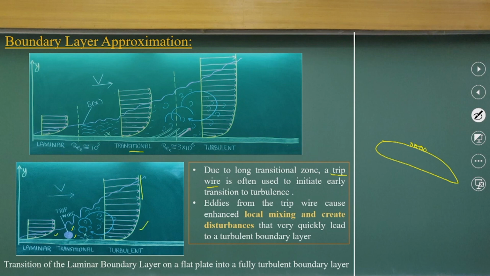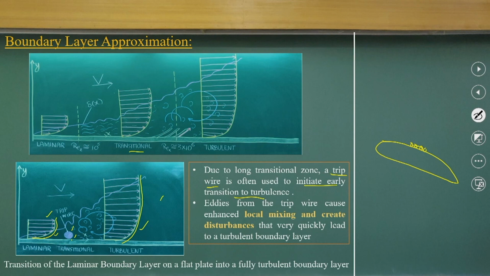More emphasis I am giving to this: please draw the velocity distributions. What will be the velocity distribution for laminar, what will be the turbulent, and given the presence of a trip wire, an artificial resistance we put in, it initiates early transition to turbulence. That is what we follow.